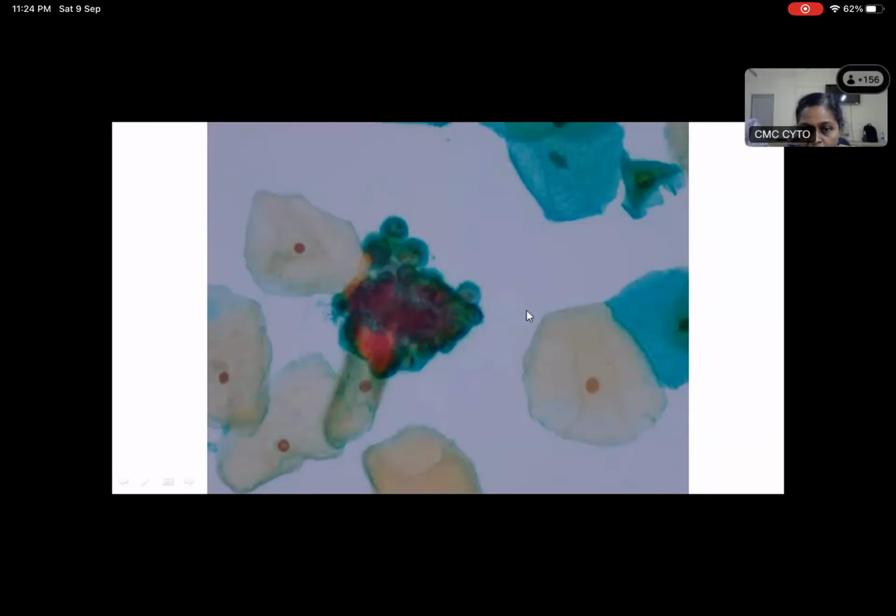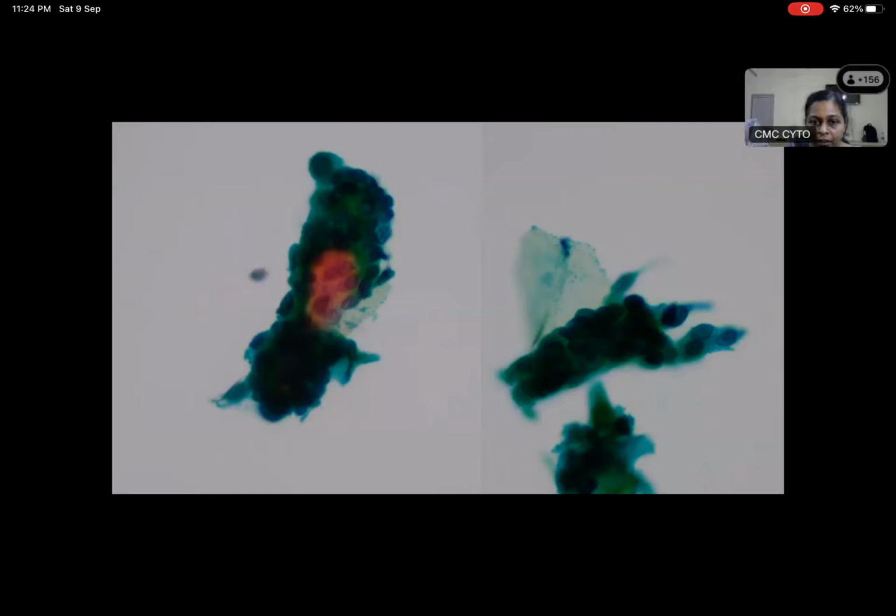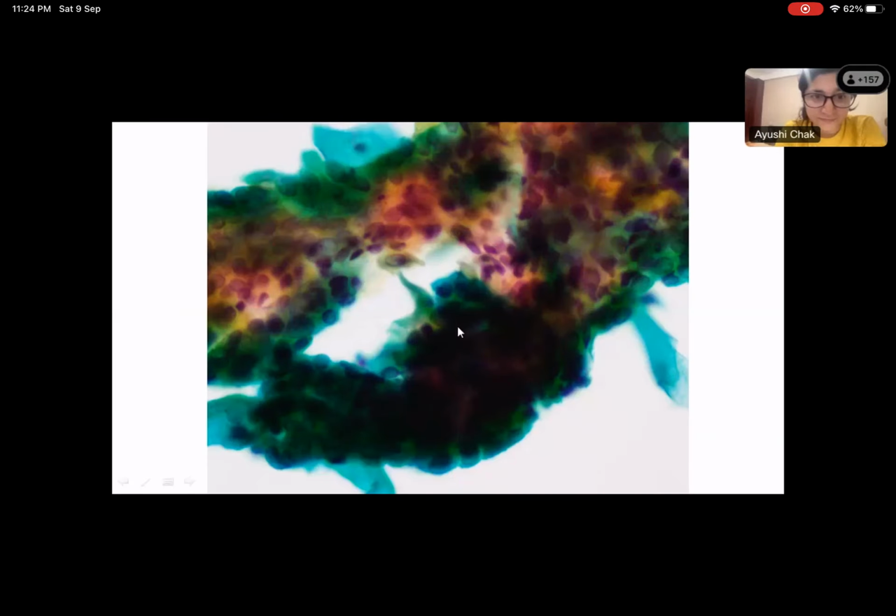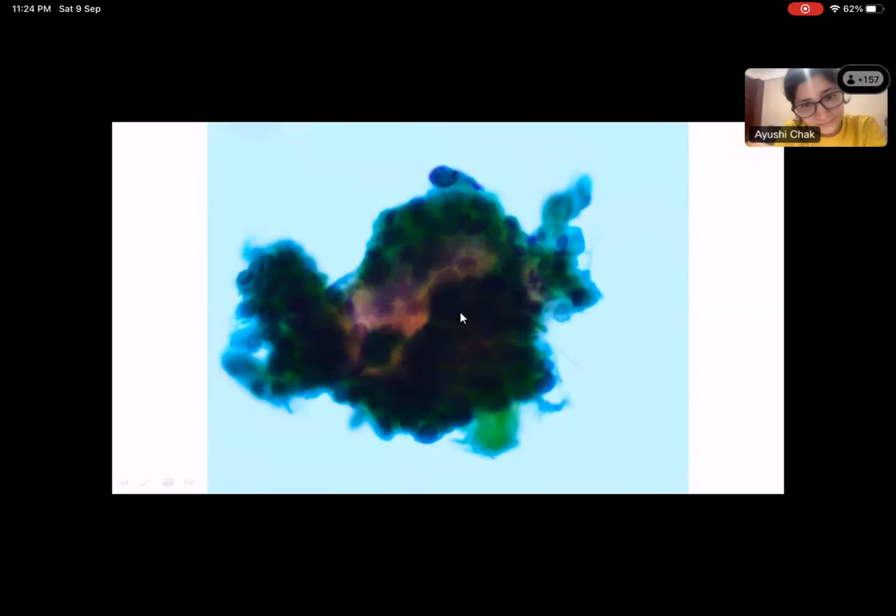So these kind of clusters will fall under atypical glandular cells, NOS. Very good. So this is atypical endocervical, NOS. Now here it is getting a little darker, isn't it? Yes. So you can see that it's crowded, it's darker. Here also, you're seeing a benign looking sheet, but right here you're seeing some crowding.